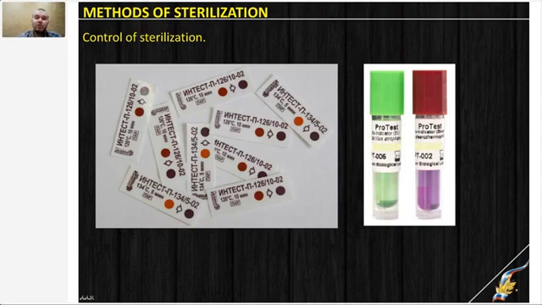And if your sterilization procedure goes correctly, then after you extract that strip, both dots should become equal in color. If that happens, it means that temperature and time were correct and your sterilization procedure went perfectly. If the color is not changed or it is different, it means that something went wrong and the sterilization procedure was incomplete and you cannot use that instrument. You should check your device and perform the sterilization procedure for those instruments again.